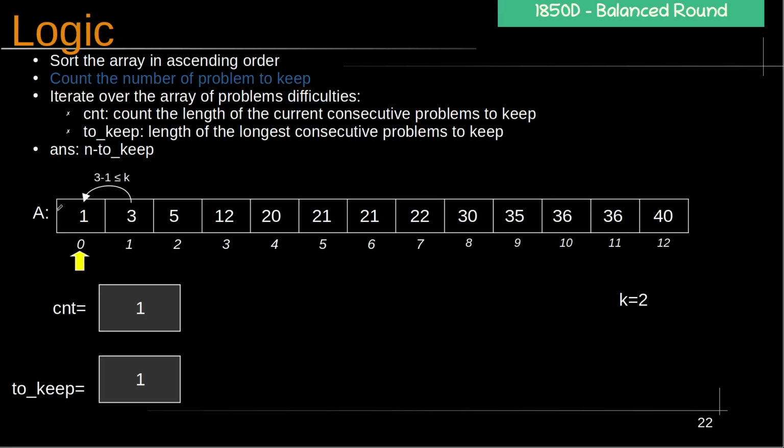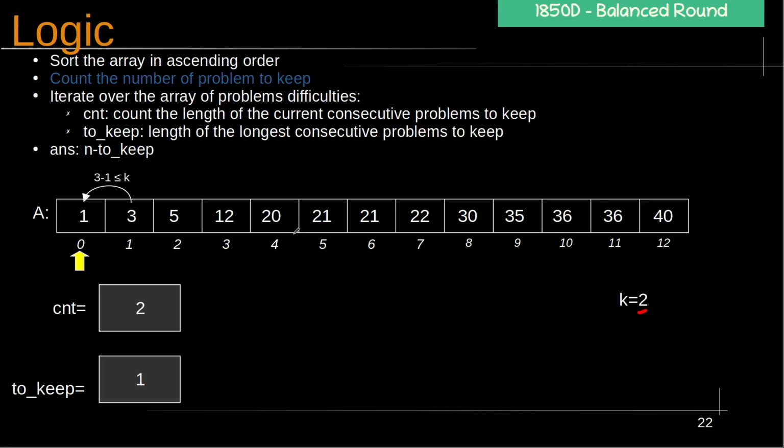We start with the first problem and check it against the second. 3 minus 1 is less than k. K is equal to 2 here. Yes, it is less. So we add 1 to C and T.